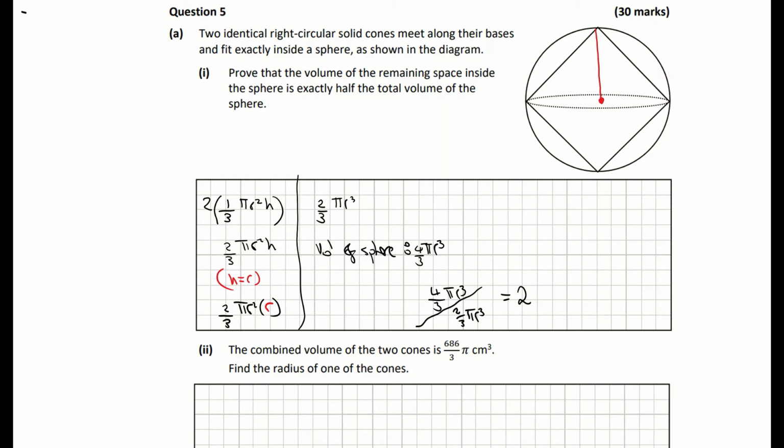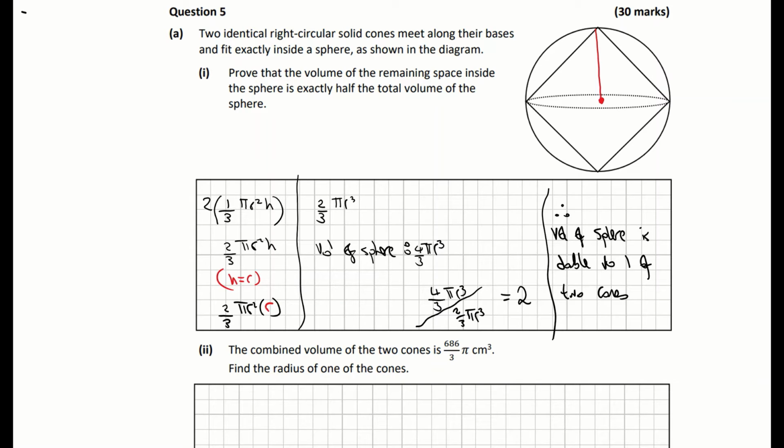That's telling me that the two cones are half the volume of the sphere. So therefore, I'm just going to make my small conclusion: volume of sphere is double volume of 2 cones.